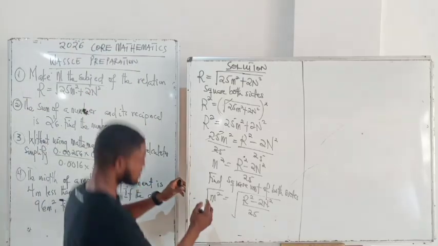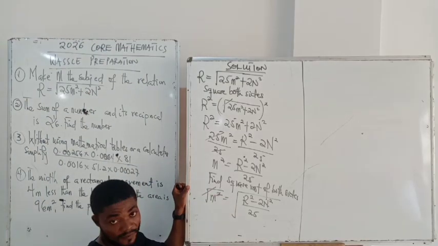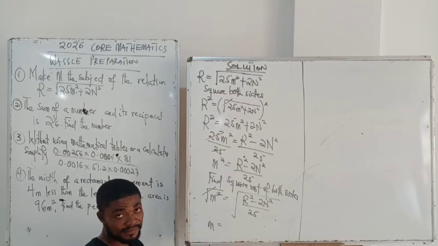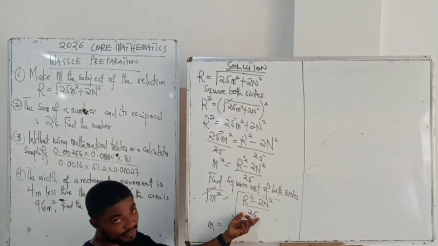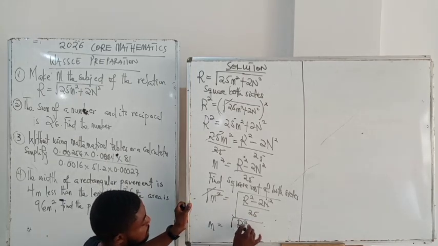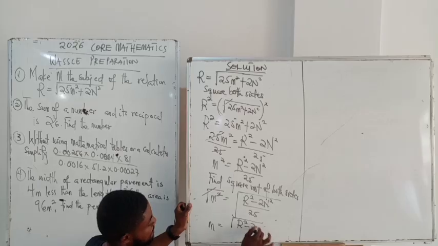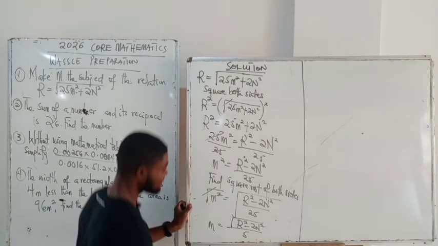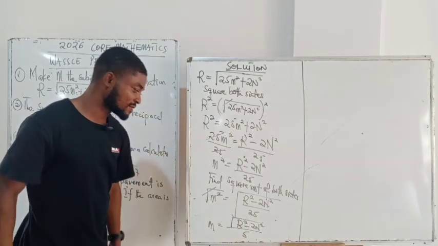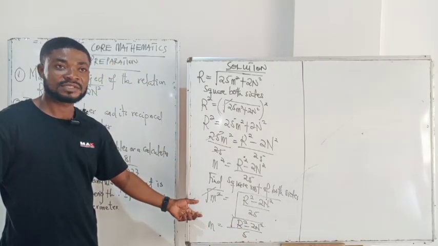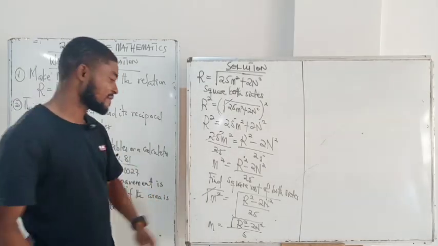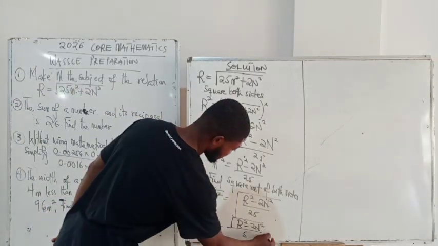I can now use the 2 here to cancel the square root, giving me m is equal to... now with the denominator, because 25 is a perfect square, it is going to break down to 5. So I can have the root affecting only the numerator without the denominator, because here the 25 is going to break down to 5, which is the answer. Alright, so we have this as the value of m.